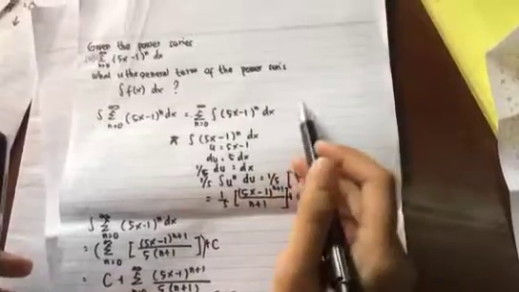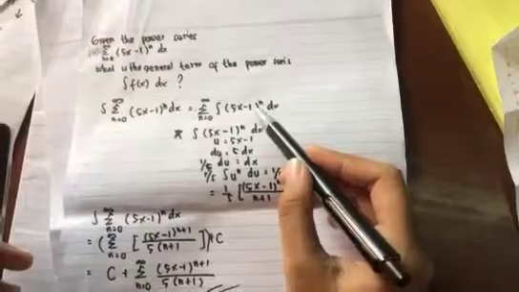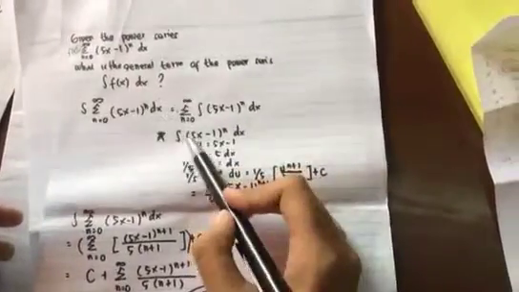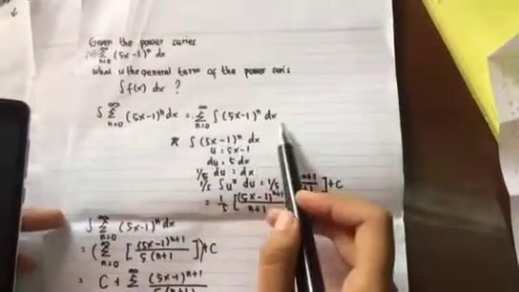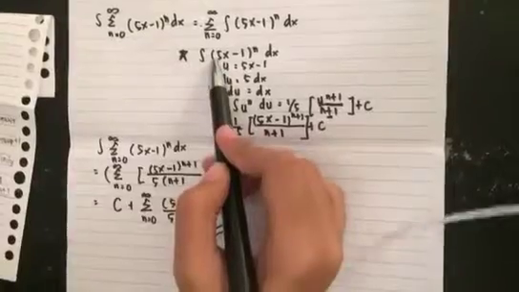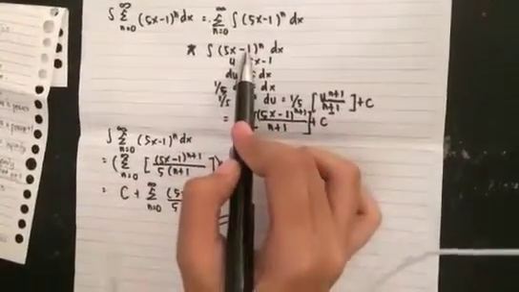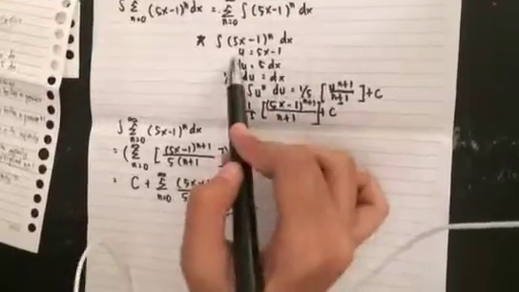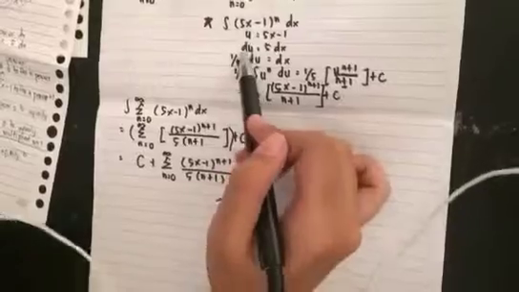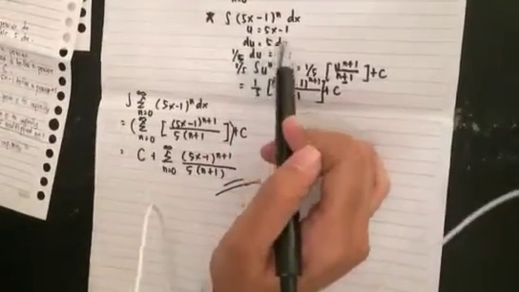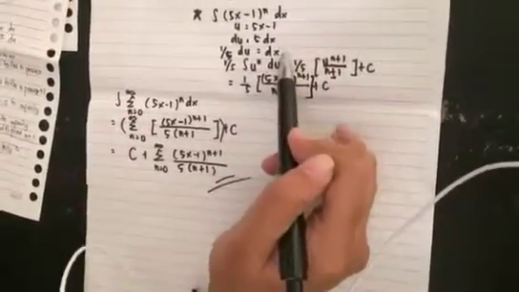Let u equal 5x minus 1, so du equals 5 dx, and 1 over 5 du equals dx.